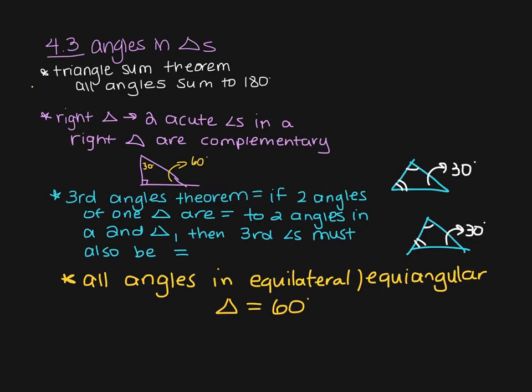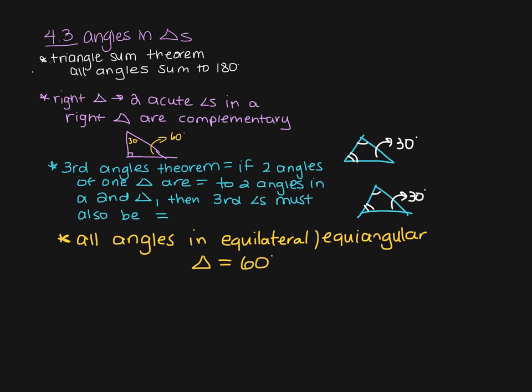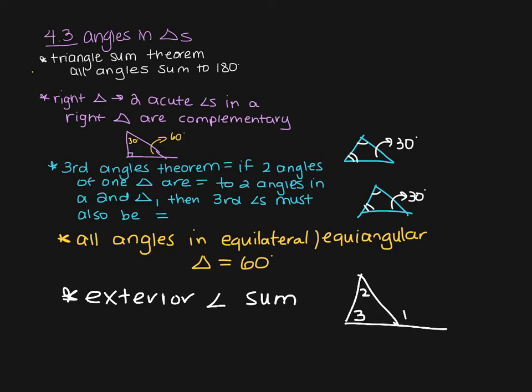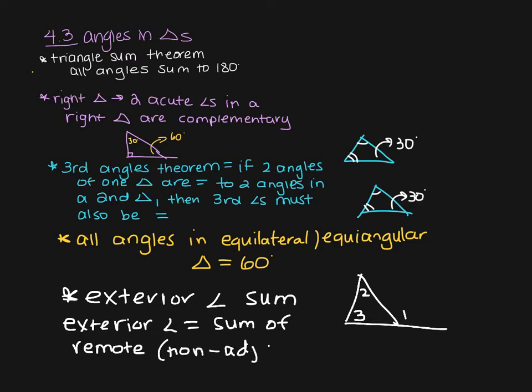And the last relationship we learned about in this section was the exterior angle theorem, which said that the exterior angle equals the sum of the remote or non-adjacent interior angles.